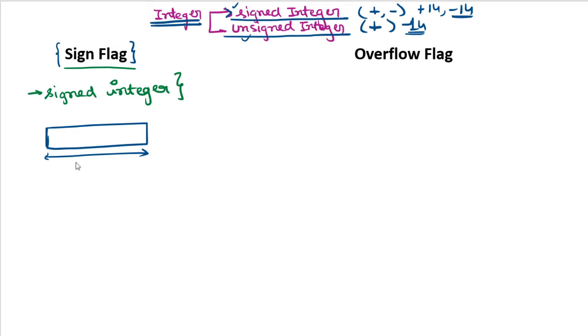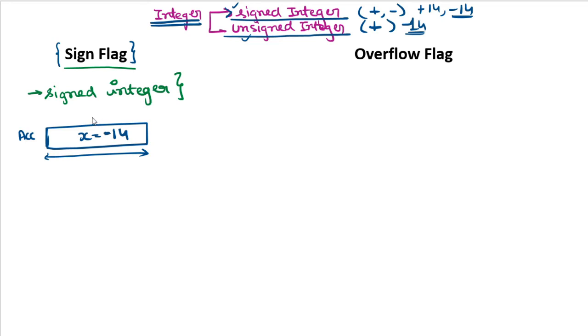Let's suppose this is an accumulator, and we want to put x is equal to 14 here. Let's suppose we want to put x is equal to minus 14 here. The only way to put the value minus 14 here is to put it in a signed integer format. So I think you must now get a little bit of an idea about what a signed integer is.